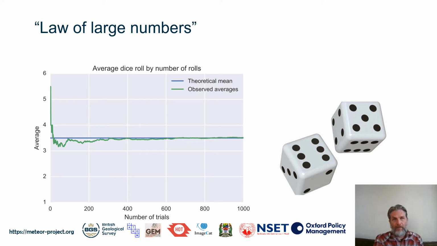So a lot of people, when you start to talk to them about exposure data, talk about the law of large numbers. The law of large numbers is that if I throw one die hundreds of times, the results will converge on a mean eventually.